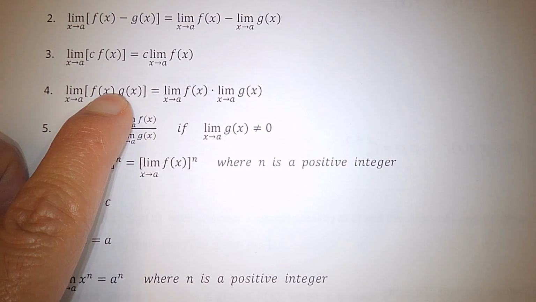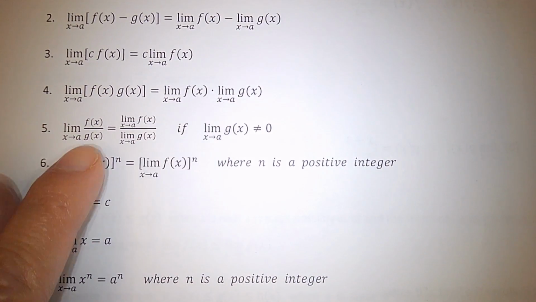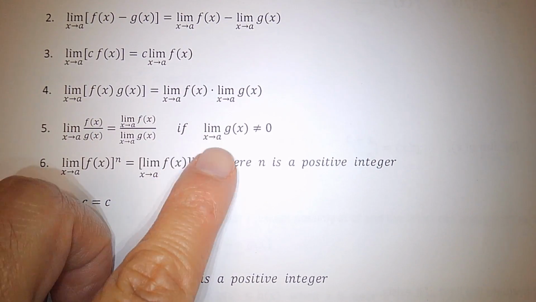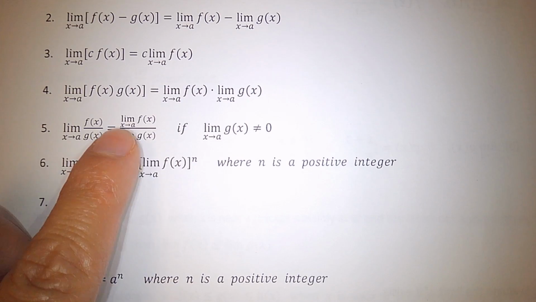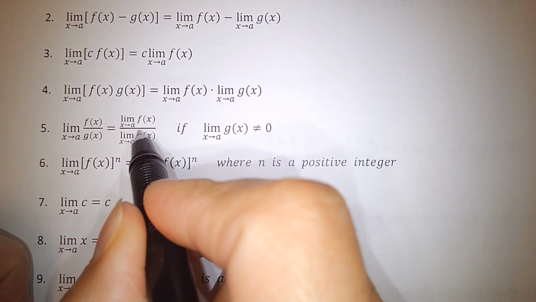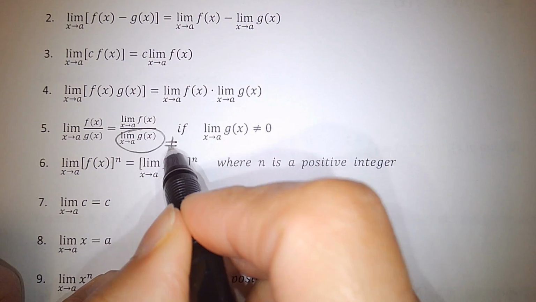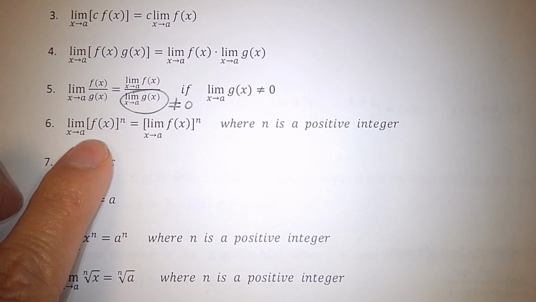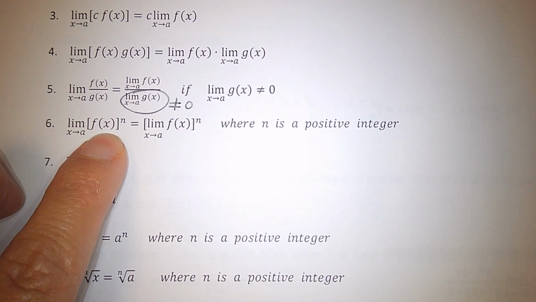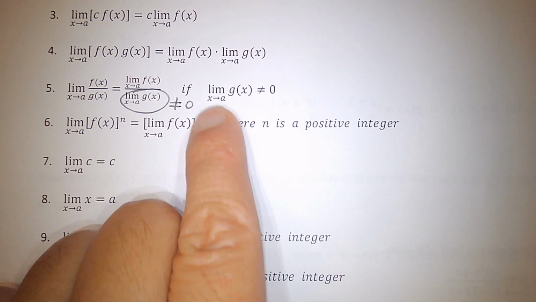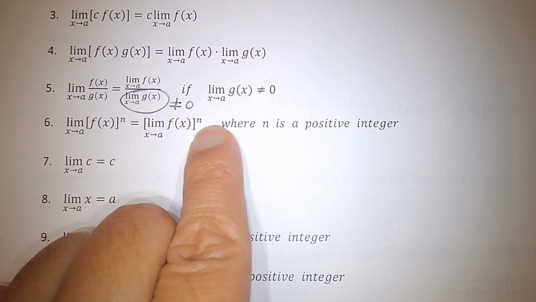Similarly, product, division. Here, the denominator limit of g of x when x approaches a cannot be 0. And if we compute the limit of the nth power of f of x, it equals the limit of the function, then the nth power of it.